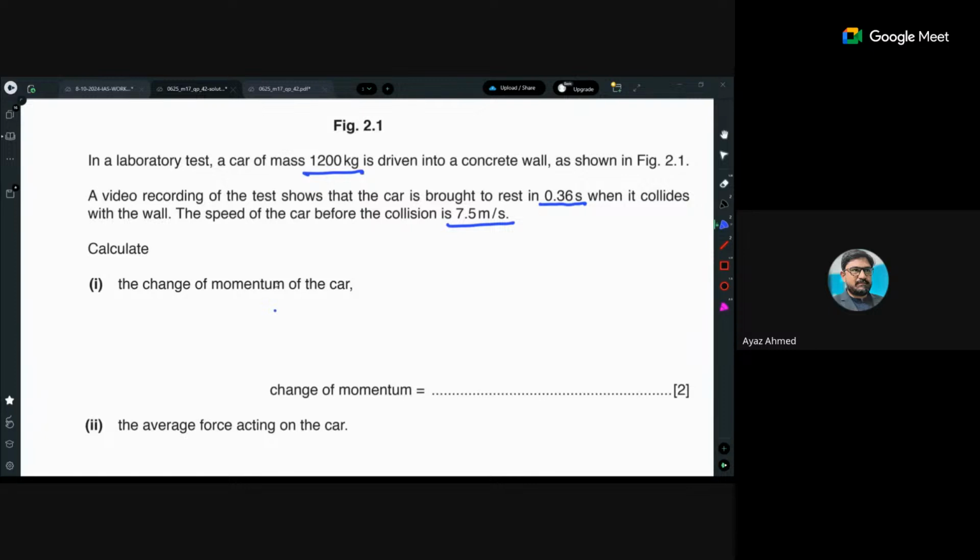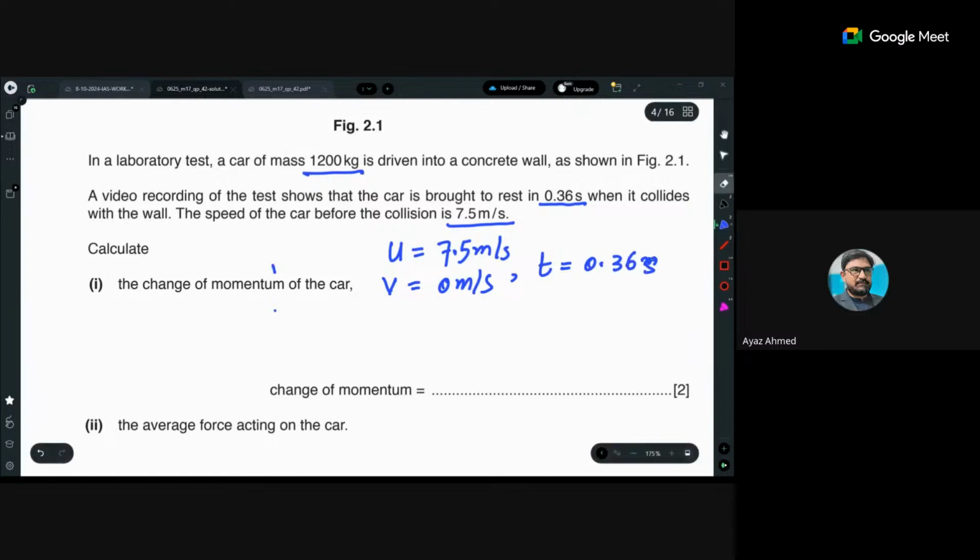Wow. It stopped, okay? It stopped. So that means u is 7.5 meters per second, right? v is 0 meters per second, and time is 0.36 seconds.